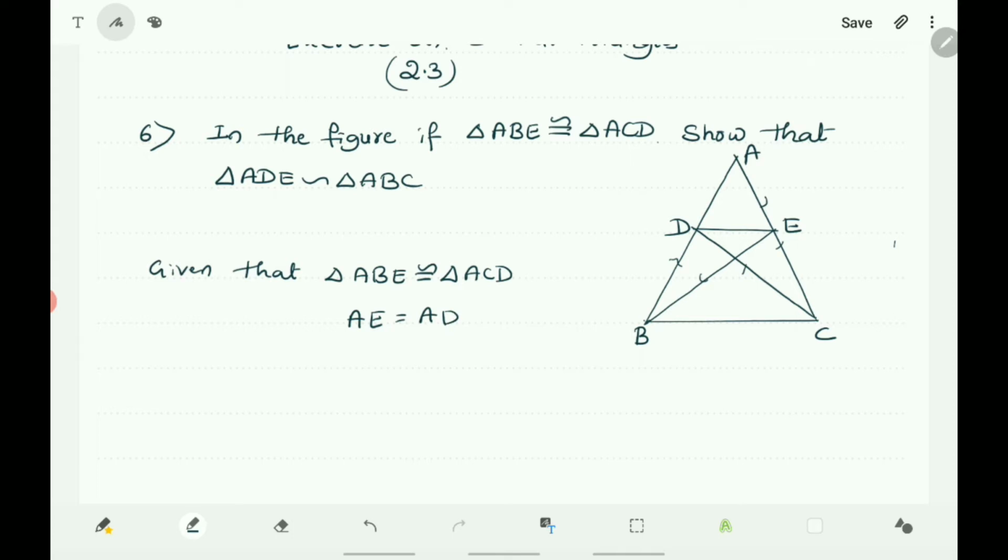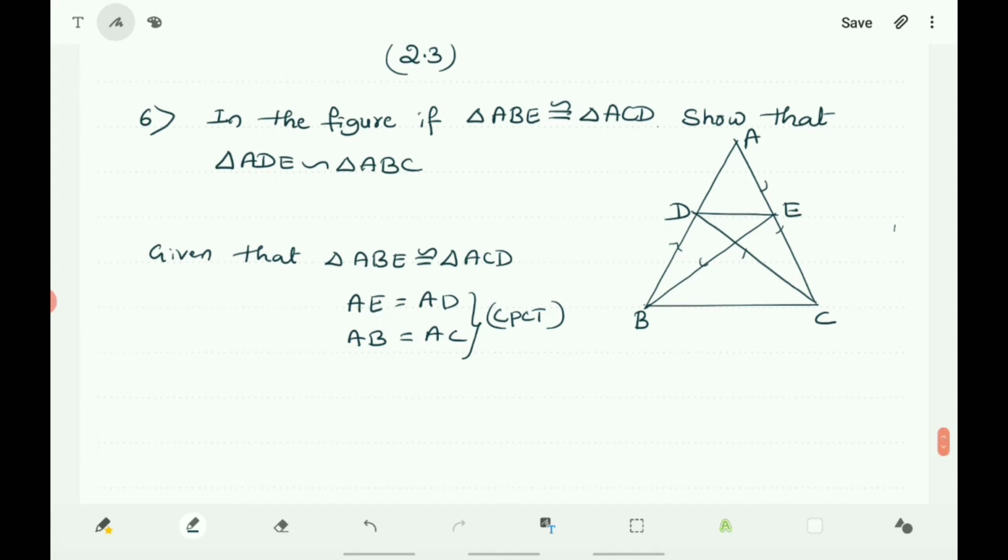Here AE is equal to AD, and also you can write AB of triangle ABE is equal to AC of triangle ACD. What is the reason here? Both of them are equal according to CPCT, corresponding parts of congruent triangles.